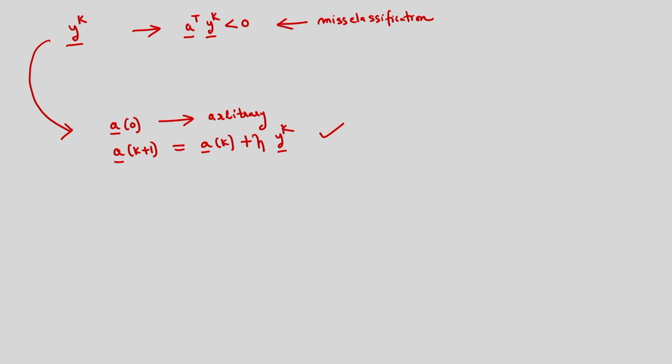So that means I have to consider all the previous samples again, because I am modifying the weight vector. The new weight vector is ak plus 1, because I have the misclassification corresponding to the sample yk, so I modify the weight vector as per this formula: ak plus 1 is equal to ak plus eta yk.